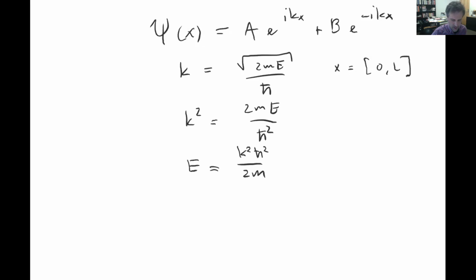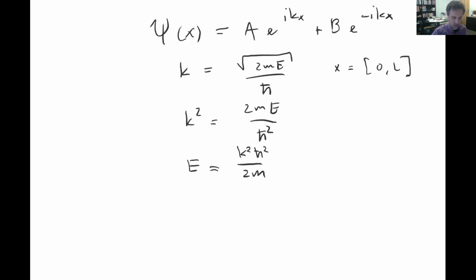The rest, h bar squared, 2m, are all constants. The only thing I don't know is k. So if I find k, I have the energy. So I have two things then: the shape of the wave function, psi, and the associated energy of the wave function. That's what we're trying to do.